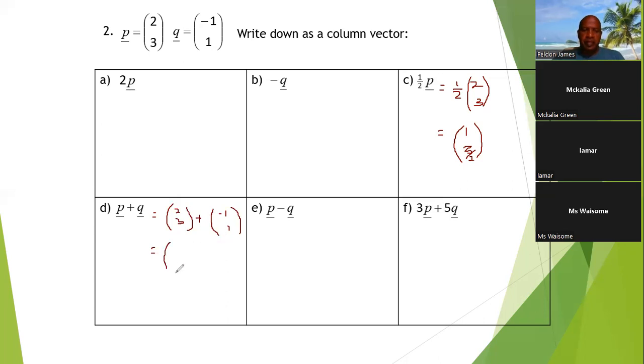1, 4, sir. Right, so you're adding their corresponding elements. You're adding the 2 plus negative 1, and then you're adding the 3 with the 1 down below, 3 plus 1.